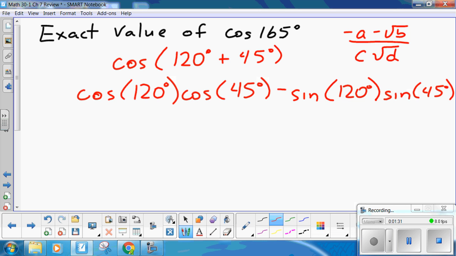Now, cos of 120, you should be able to calculate that. That's minus 1/2. Now, cos of 45 is root 2 over 2. Sine of 120 is 0.866, or root 3 over 2. And sine of 45 is 0.707, or root 2 over 2.